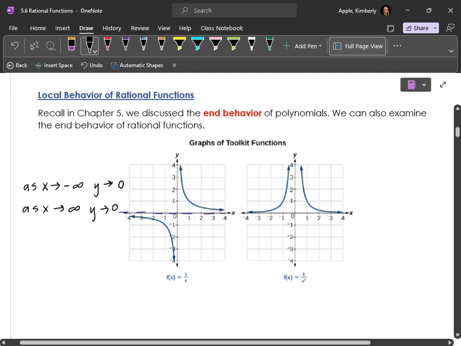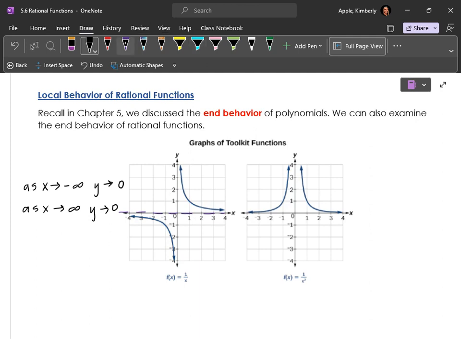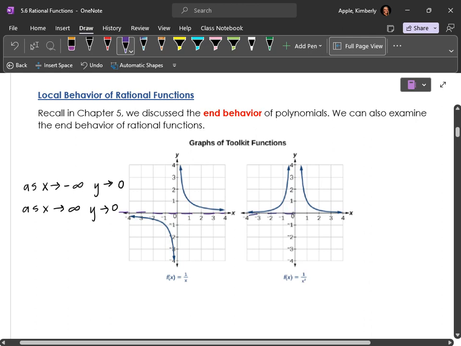That's something important about a rational function: if there's a horizontal asymptote, the end behavior is going to follow that. As we saw previously, we have another horizontal asymptote here, which is 0. And so that end behavior is going to be very similar for the reciprocal squared.